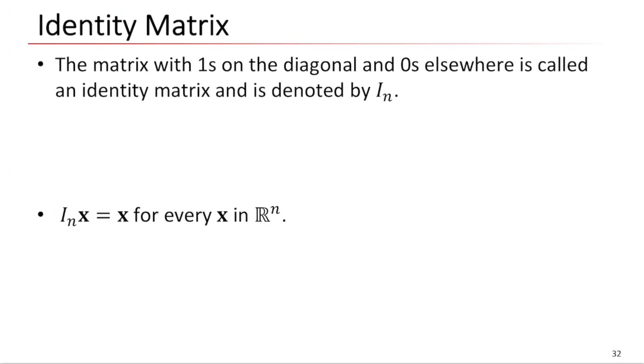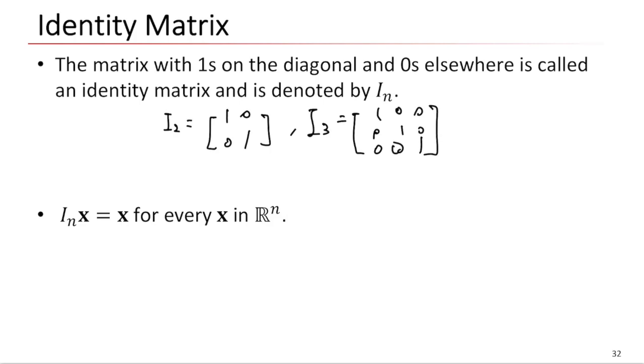Okay, there is one more concept, the identity matrix. The identity matrix is really simple. Let's say I2 is just 1 0 0 1, and I3 is 1 0 0, 0 1 0, 0 0 1. There are only 1s on the diagonal and zeros in the non-diagonal terms, like this.